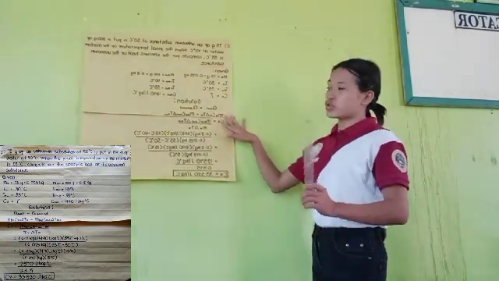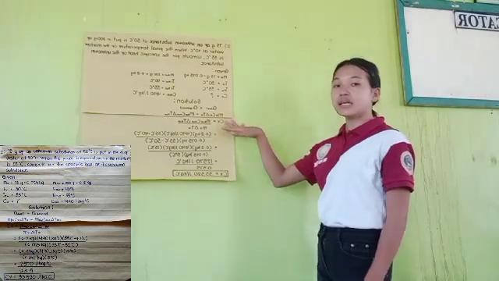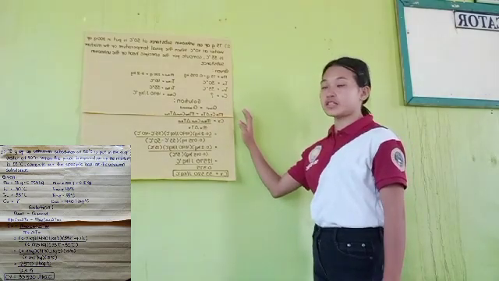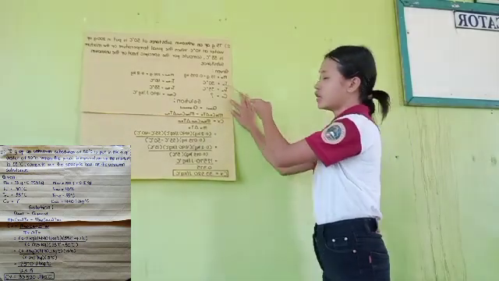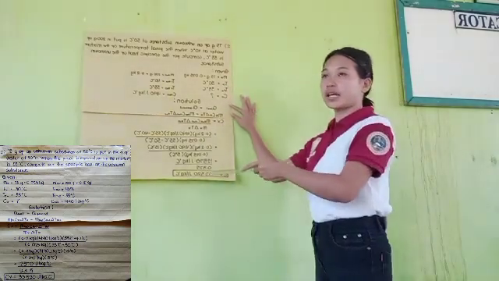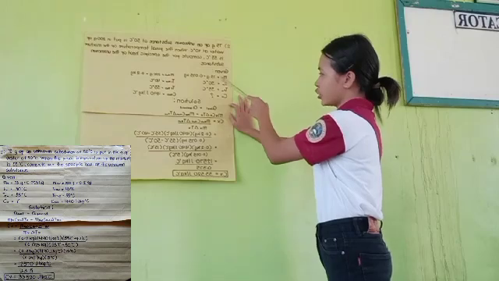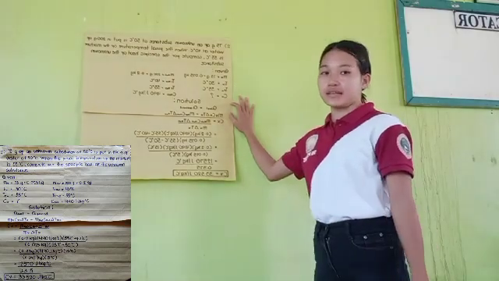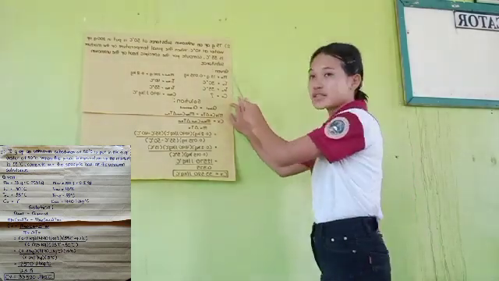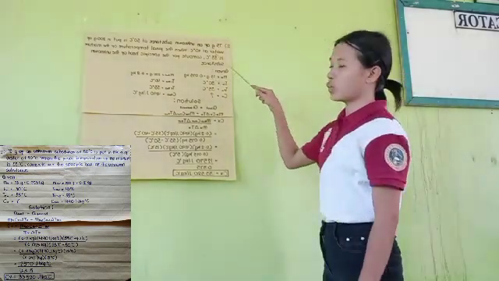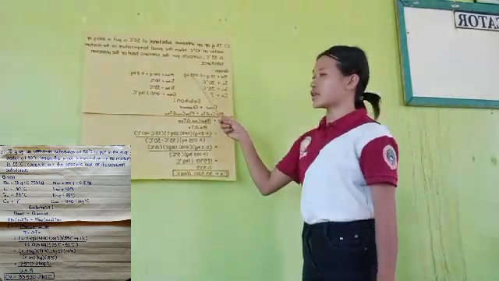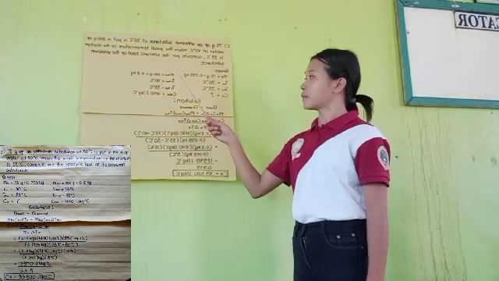To solve for the problem, still, let us look for the given first. Given the mass of the unknown substance, or let's have X here to represent the unknown substance. Mx, or the mass of the unknown substance, 75 grams, which is equivalent to 0.075 kilograms.